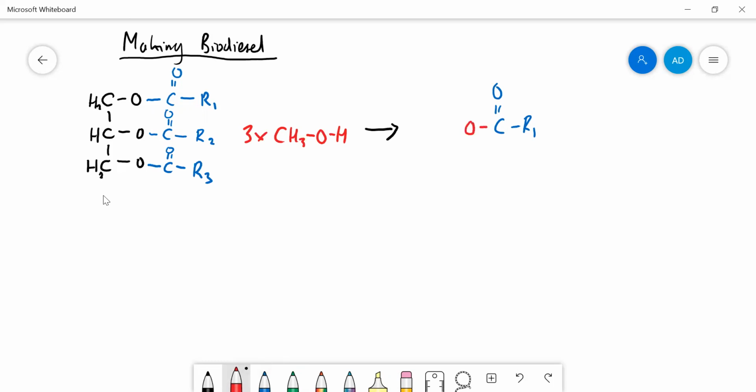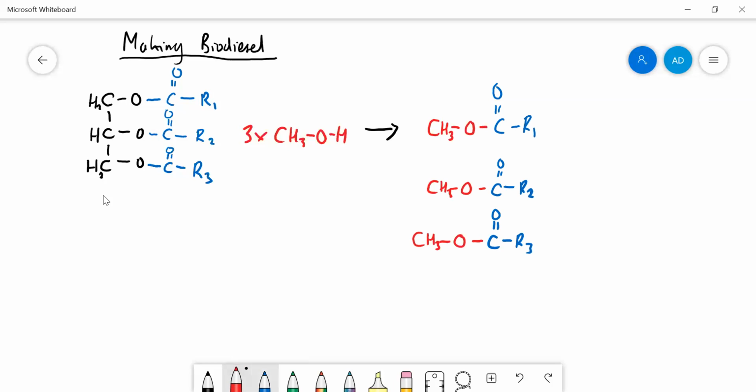So that oxygen's come from methanol, so that's called a methyl ester. This R2 is going to be very similar. We're going to have R2, and then the methanol there, so that's another ester linkage. And then finally, we're going to have the third carboxylic acid, R3. Third methyl ester. So you've got 3 methyl esters.